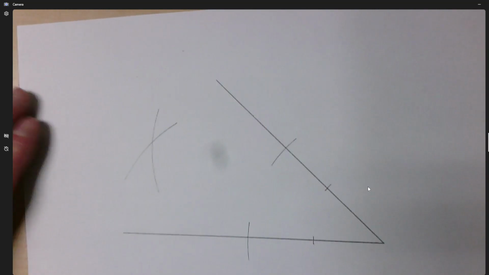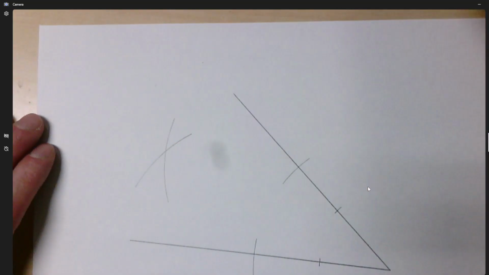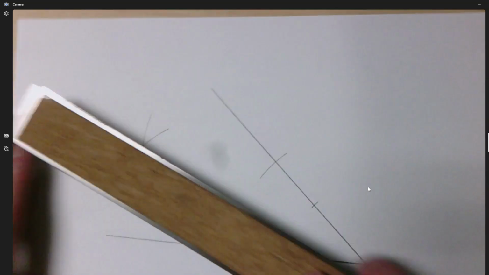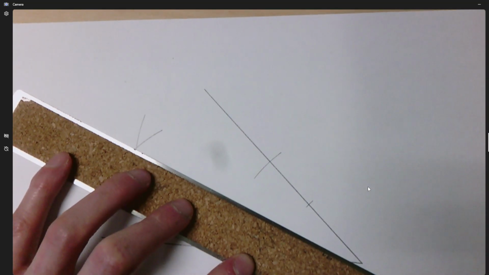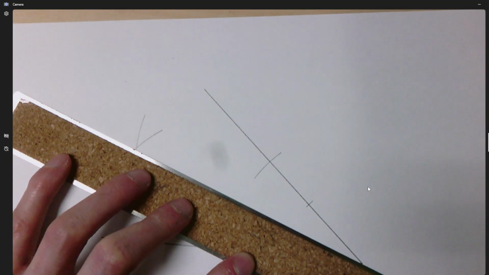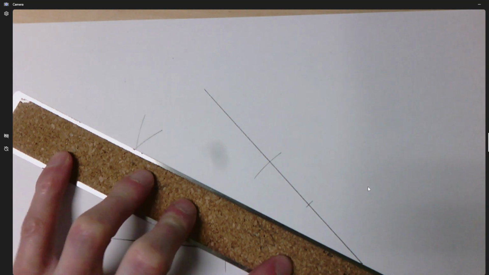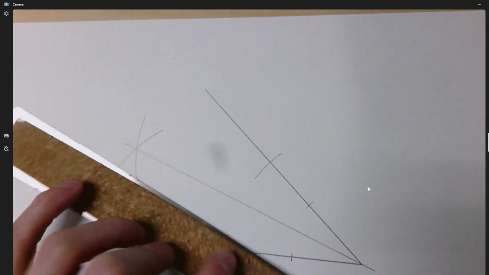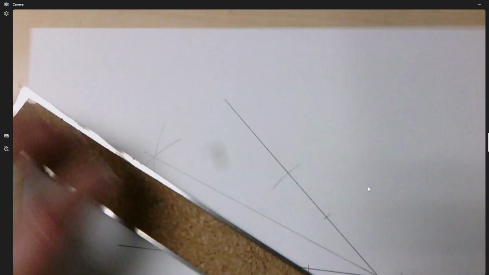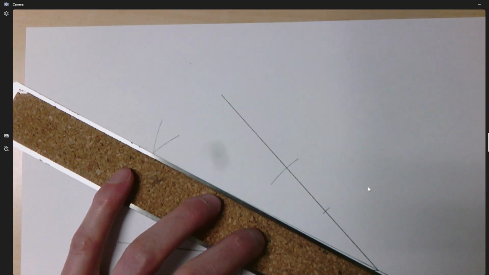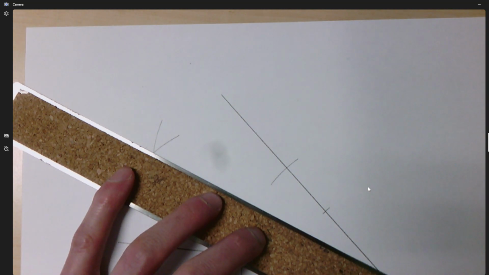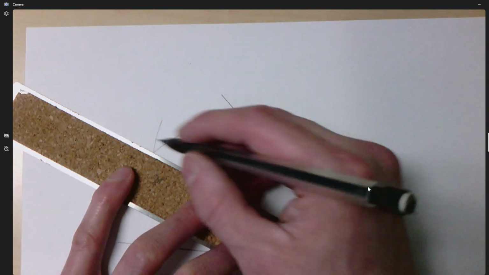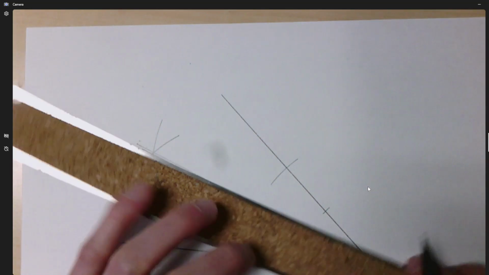I make another arc that intersects the first, and now I know, because if I draw a line here, now that didn't really go through the right spot, so it's going to be a little off. Oops. But more like that.